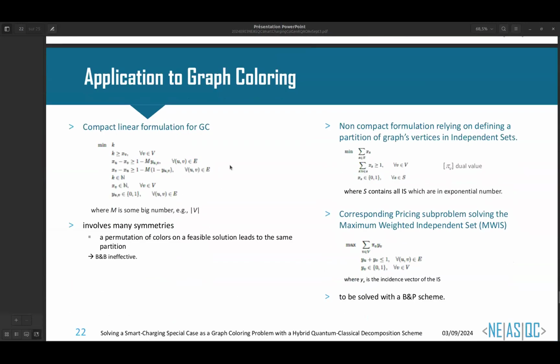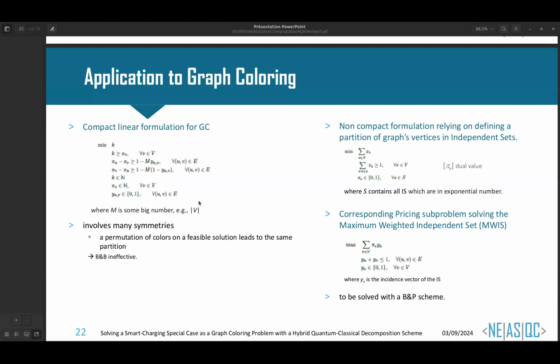Okay, so in the case of the graph coloring problem, if we wanted to solve a compact linear formulation, we would use the formulation on the left, which is quite bad, actually. We never use this formulation, especially because it involves just too many symmetries.